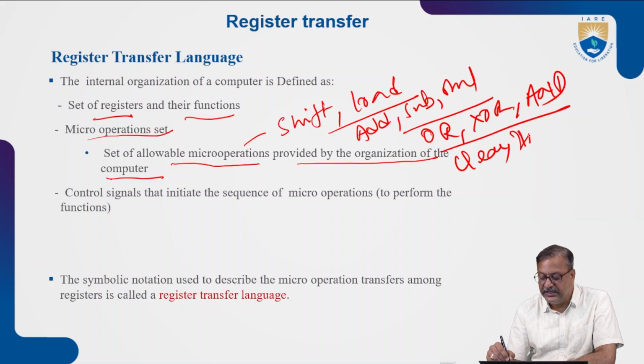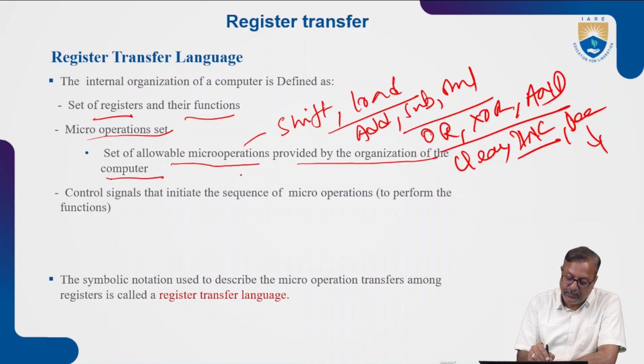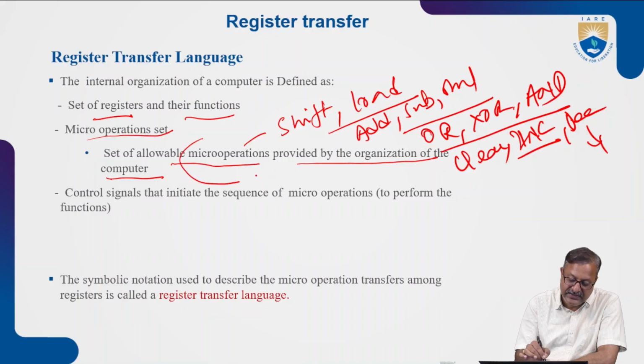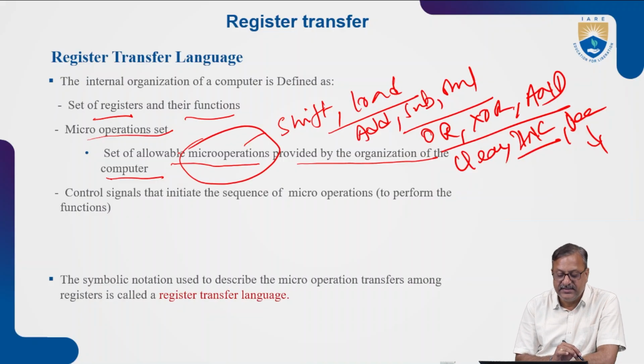Increment is again an addition operation, you are adding; decrement is an indirect subtraction. So these are the different types of micro operations provided by the organization of the computer. That means each organization supports different kinds of operations. All these different kinds of operations we call in a digital system micro operations.